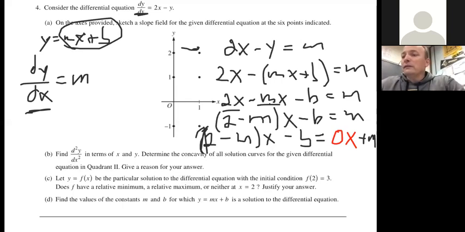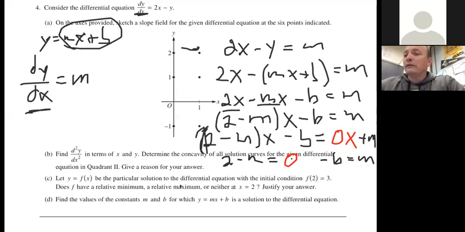So these two things I want to be equal. So what that means is 2 minus m, which is the slope on the left side, has to equal that 0, or the slope on the right side. And then we want the 2 constant parts to also be equal. So that means that negative b has to equal the m part.